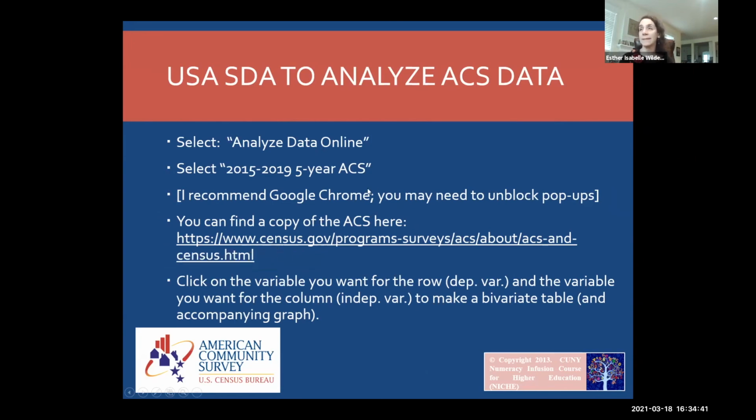What I do in my class is often go to the ACS and say, here's the ACS. I'm limited in time, so I'm not going to do all this right now, but I say, let's look at all the questions on disability. This is very helpful, not just because I want them to analyze data, but because I want them to think about how we construct this category of disability in the United States, because that's really important.